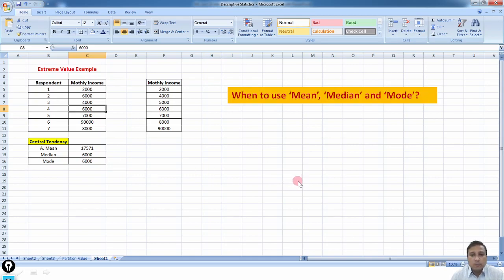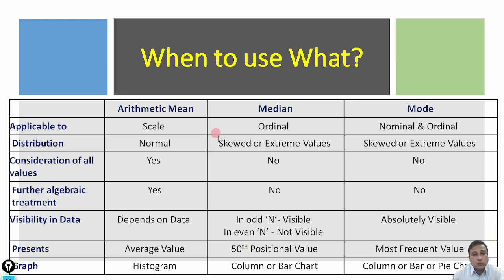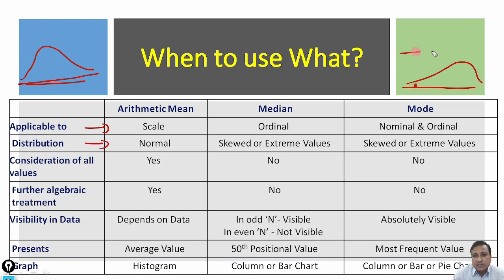So the question comes now: all the three, mean, median and mode, are measures of central tendency. But when to use mean, when to use median and when to use mode is a very important question. To answer this, here is one table. If we have a scale variable and the distribution is normal like this, with no outliers and no extreme values, then we can go with the arithmetic mean.